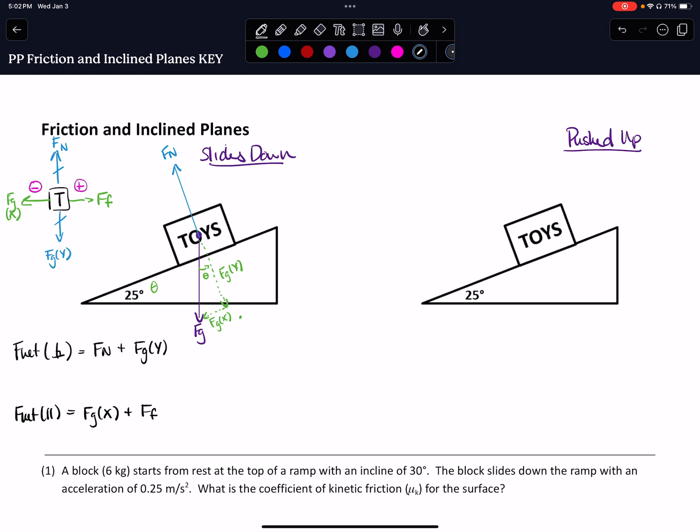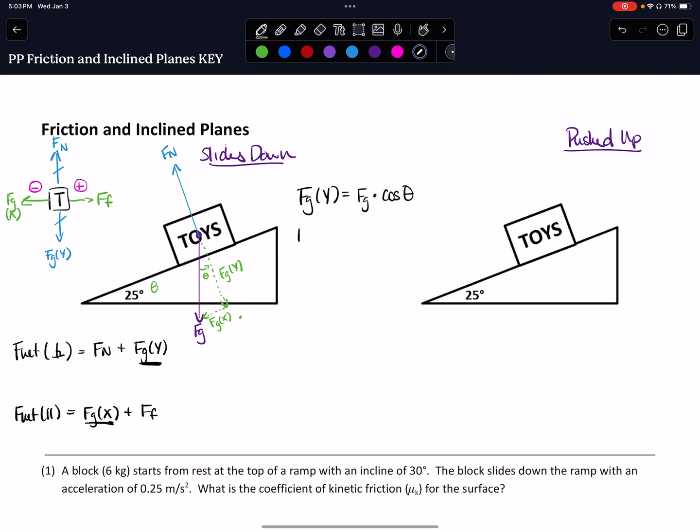Keep in mind these two pieces, we have to look back at the triangle. I'm going to put them in the middle because it's the same for both. The force due to gravity for the y component is going to be equal to Fg times the cosine of that angle. That's a little different than the other vector problems we've worked, but that's because of the way the triangle is situated.